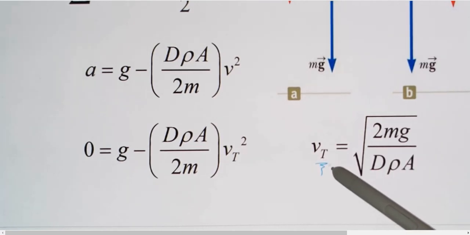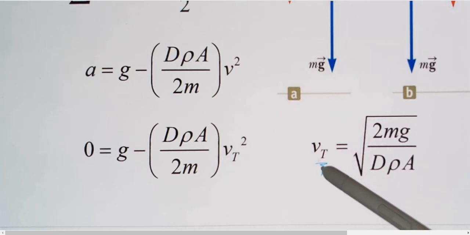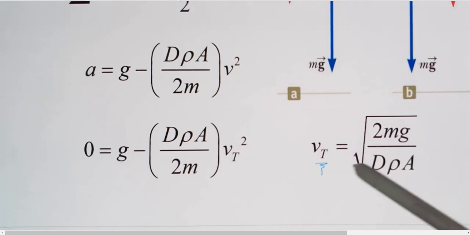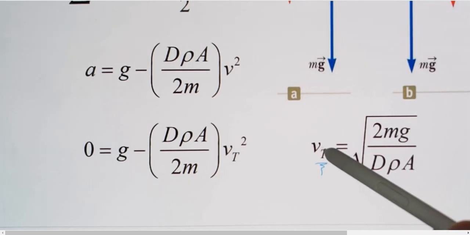That means there is a chance that you will never reach V terminal because it's so huge, and it needs a lot of distance to travel. You need to travel a lot of distance to reach your terminal velocity. So if G is very large, of course V terminal is very large, and you need to cover a lot of distance to reach your V terminal.